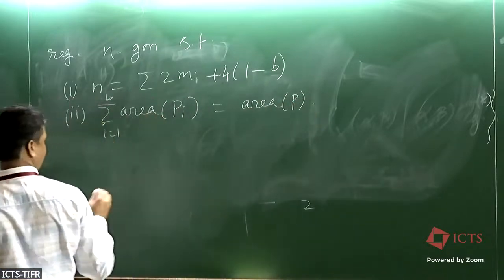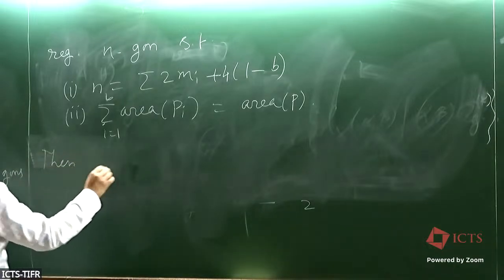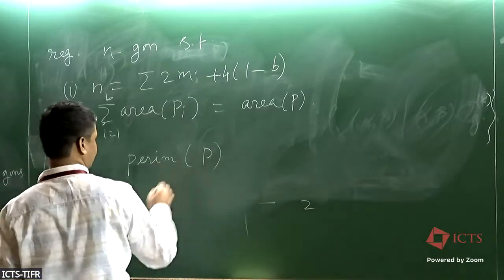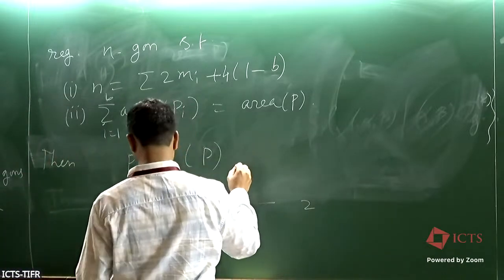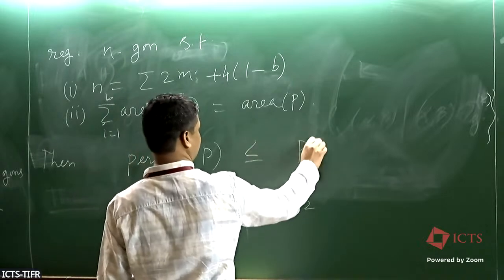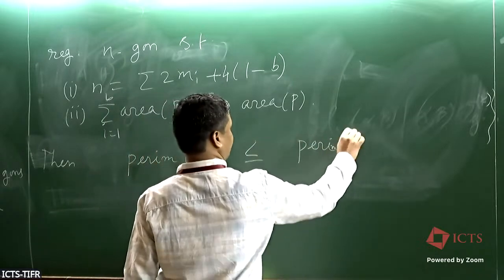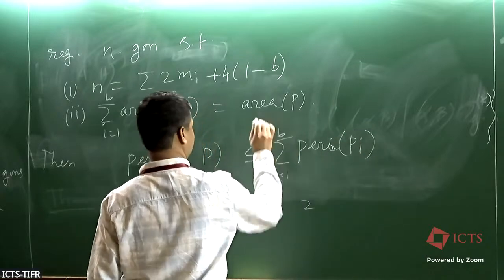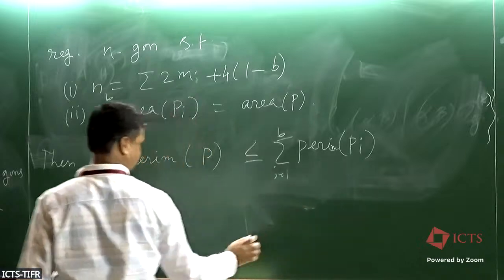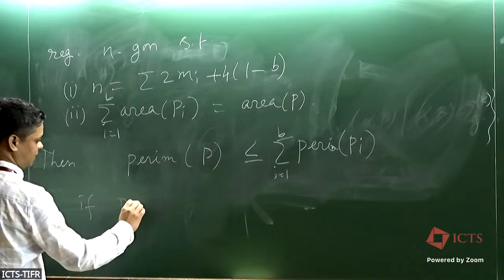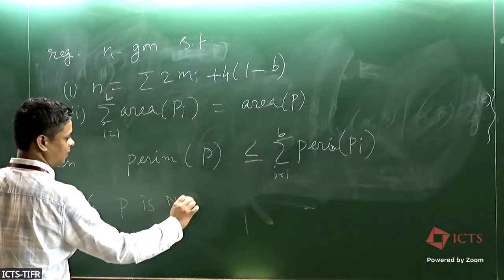Okay, then we have that the perimeter of P is less than or equal to the sum of the perimeters of Pi over i equal to 1 to b, if P is not acute.